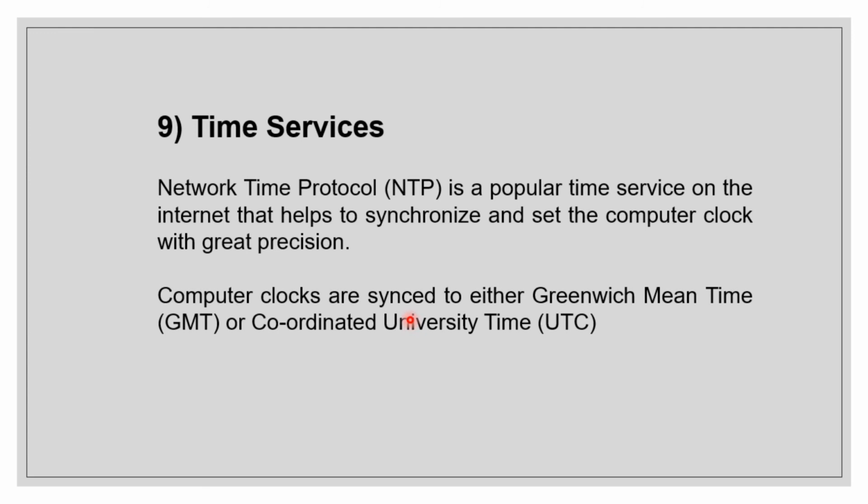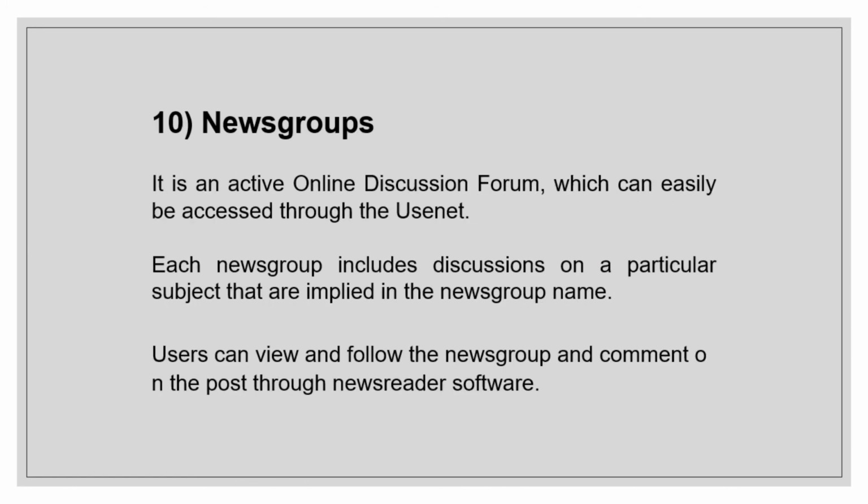Computer clocks are synced to either Greenwich Mean Time or Coordinated Universal Time. Newsgroups are active online discussion forums which can easily be accessed through Usenet. Each newsgroup includes discussions on a particular subject implied in the newsgroup name. Users can view and follow the newsgroup and comment on posts through newsreader software.